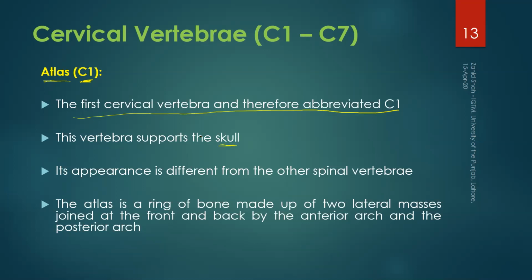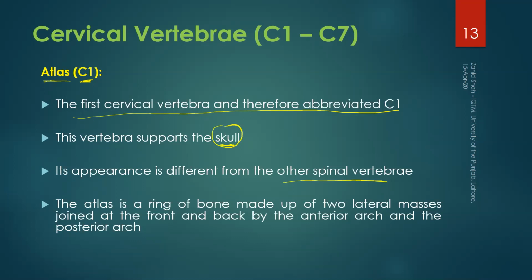As we saw, the spinal column starts from the distal end of the skull. So at the proximal end, the spinal column is attached to the skull. Its appearance is different from the other spinal vertebrae. It has a special shape because it supports the skull. It houses the skull in a way.